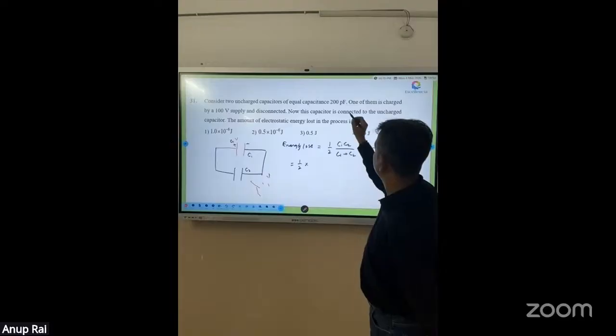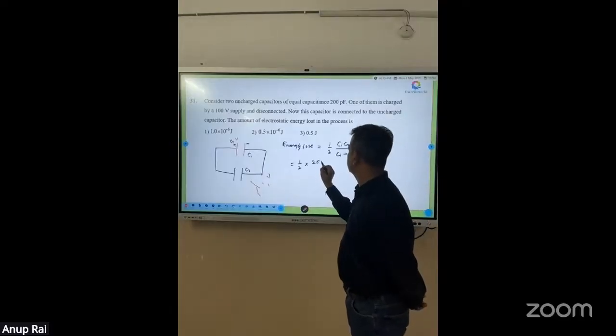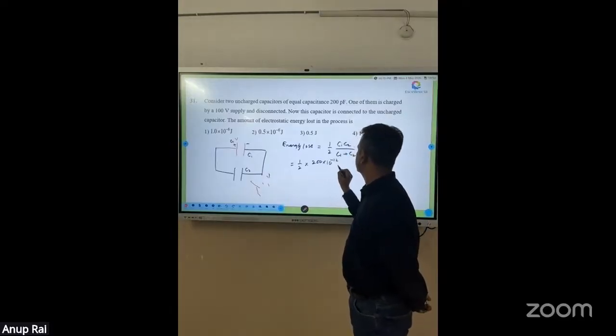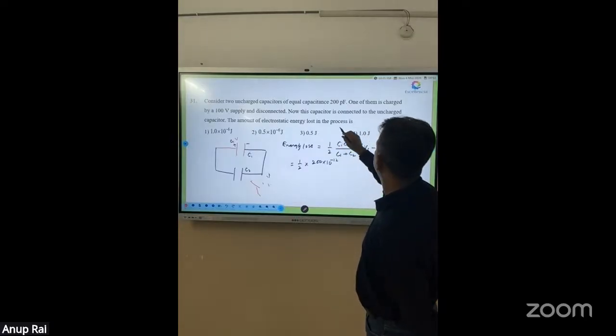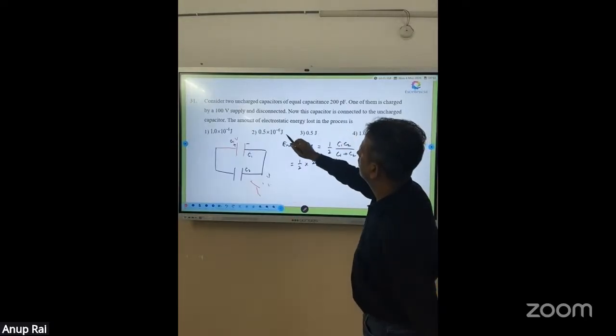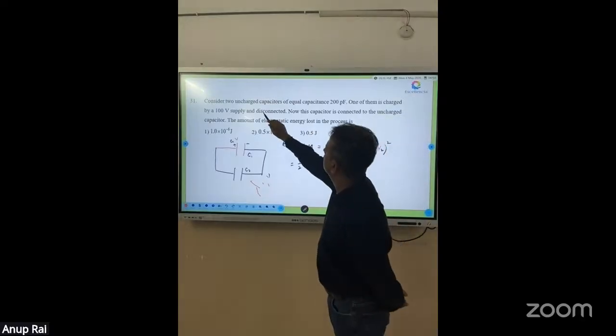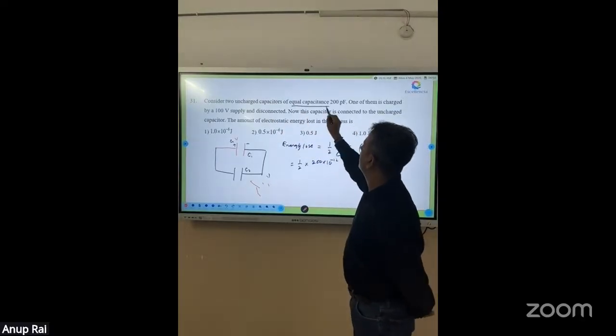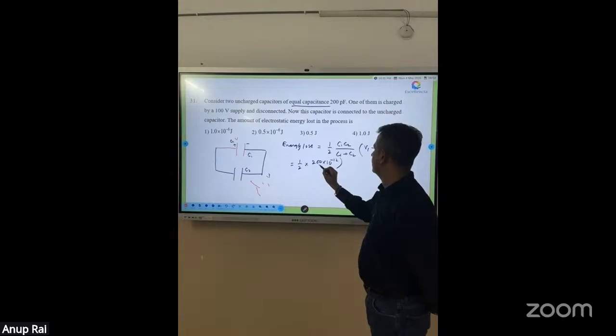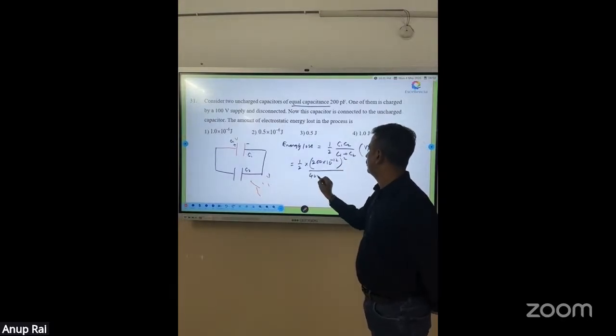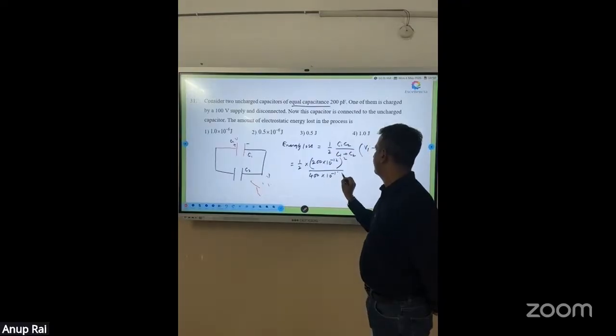C1 value is given to be 200 picofarad. 200 pico means 10 power minus 12. Both are equal capacitance, so both are C1 and C2, and I can say whole square, divided by, if we add them, 400 into 10 power minus 12.